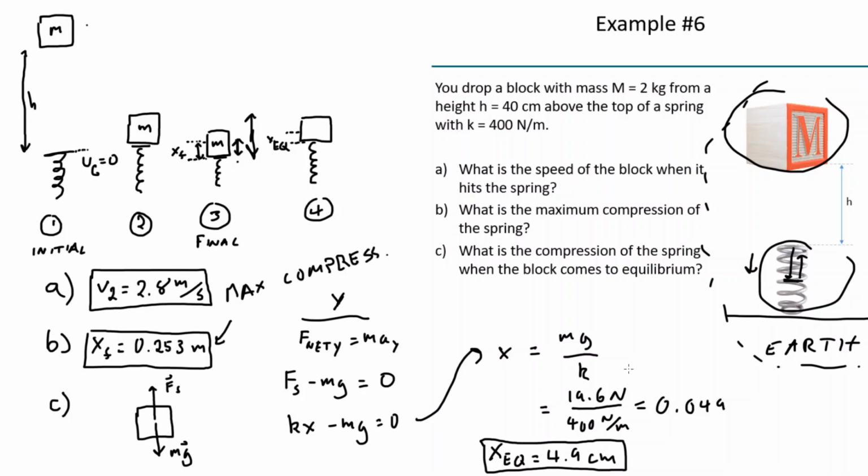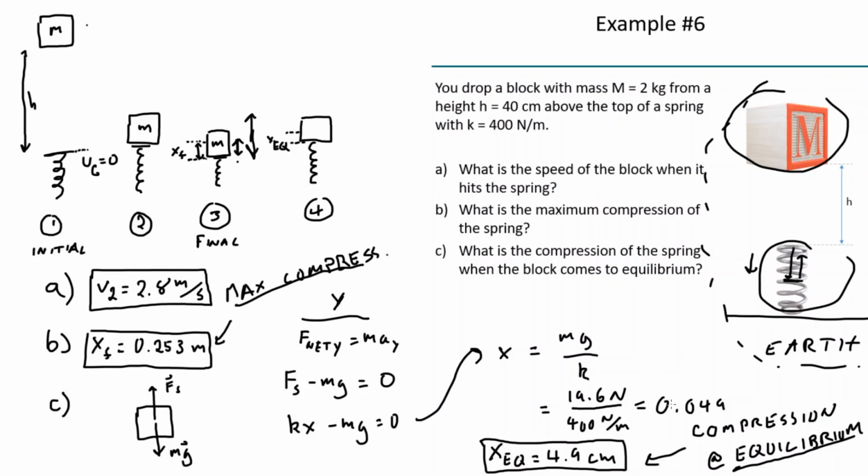This is our equilibrium compression. This is our compression when the block eventually comes to rest, at equilibrium, when the block stops bouncing up and down. So to find this maximum compression, we have to use conservation of energy. To find this equilibrium compression, we use Newton's second law.